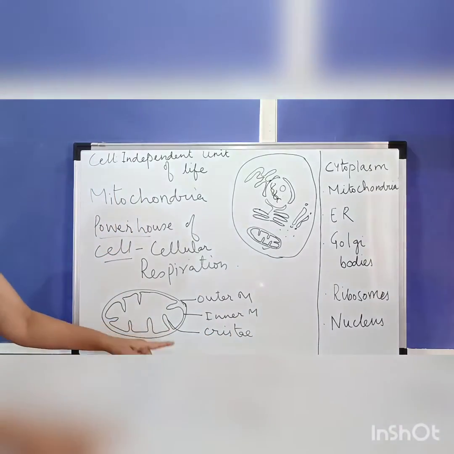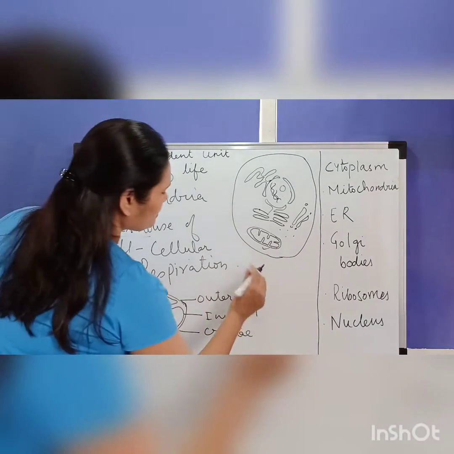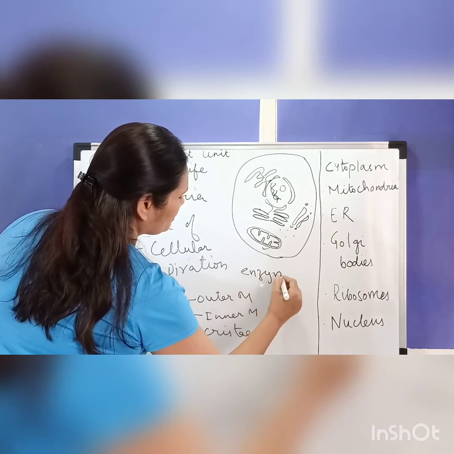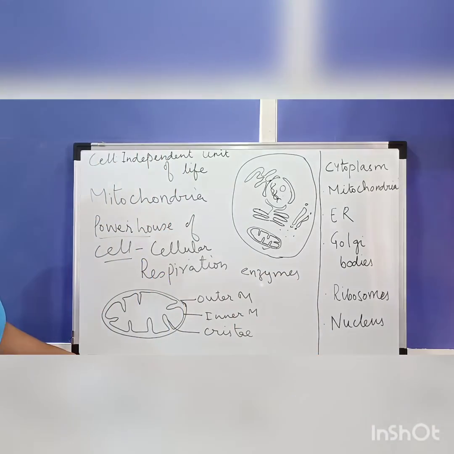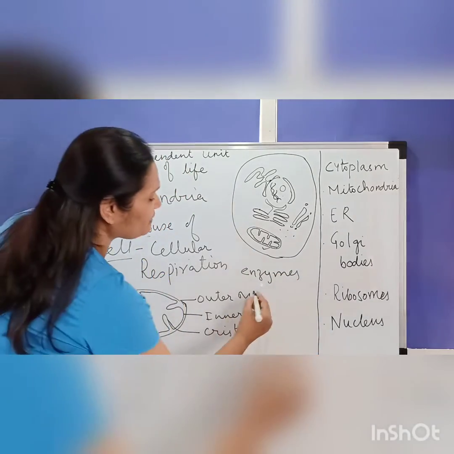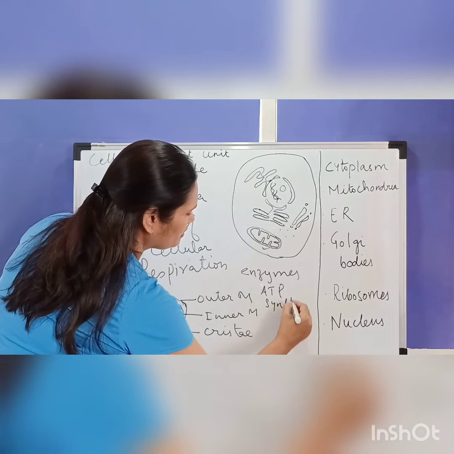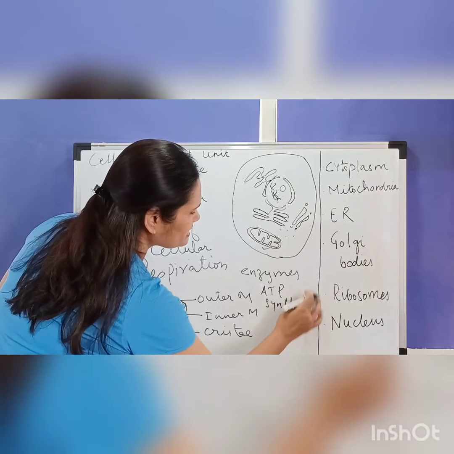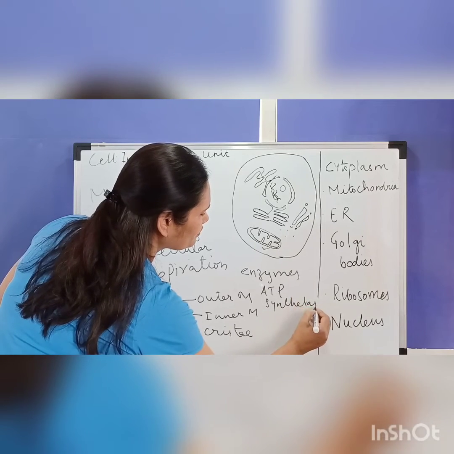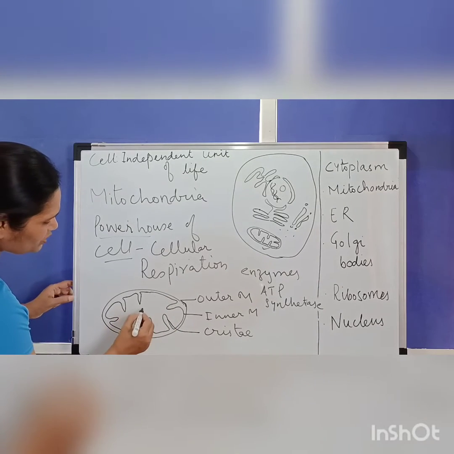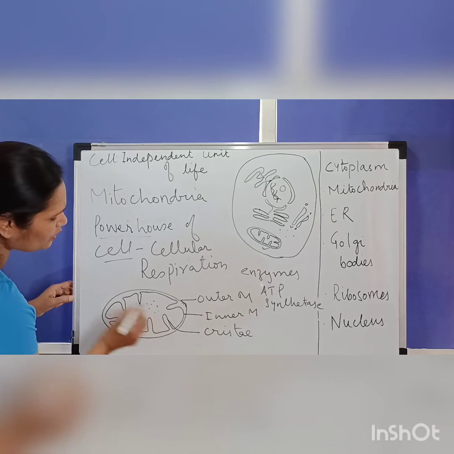Okay? This mitochondria also contains enzymes. What kind of enzymes? Enzymes like ATP synthetase. Right? And mitochondria also contains its own ribosomes.